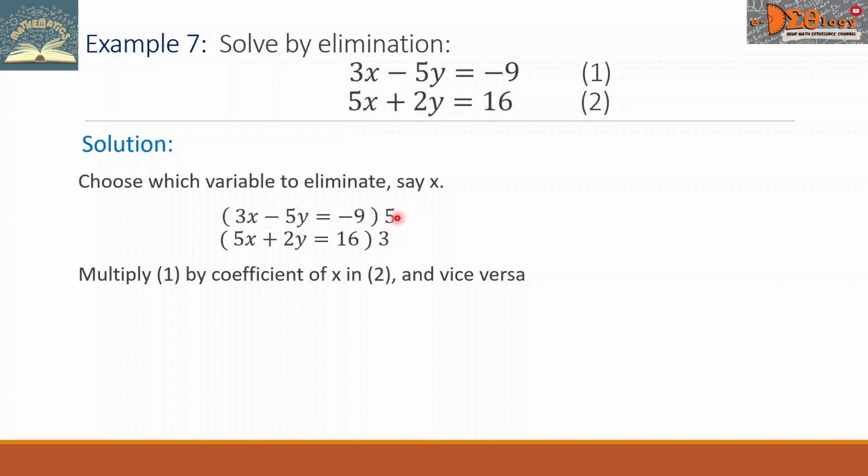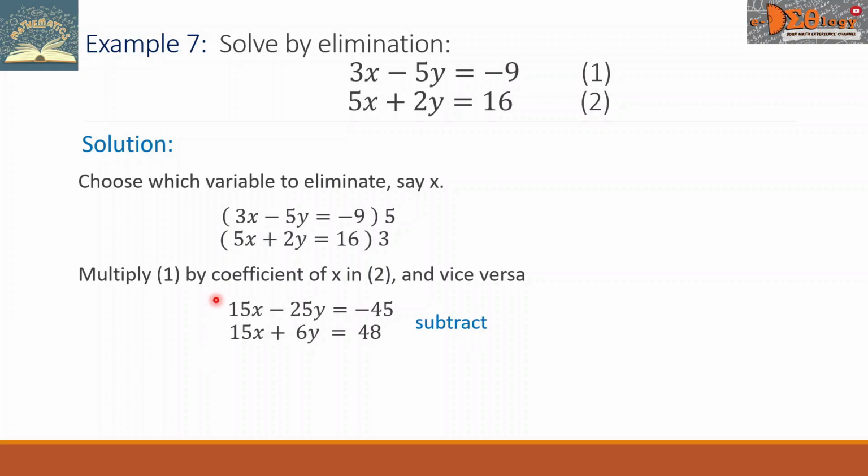When we multiply the first equation by 5, it becomes 15x minus 25y equals negative 45. Equation 2 becomes 15x plus 6y equals 48. Now look at the 15x in both equations. They are equal and the same sign.